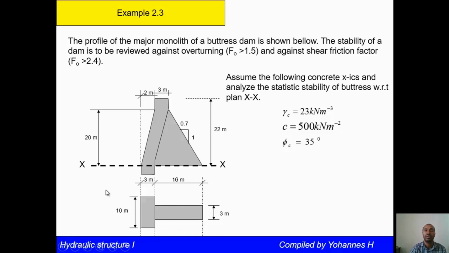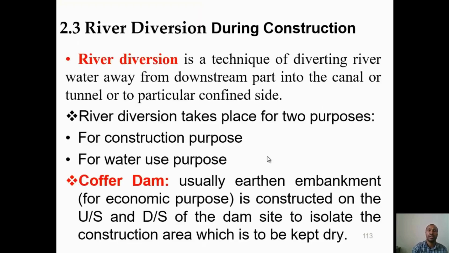You will multiply the volume of concrete by the height using this cross-sectional area. Assume the following concrete characteristics and analyze the static stability of the buttress with respect to plane XX at the base contact. You have these given quantities, so you can try, and then we will do this example.